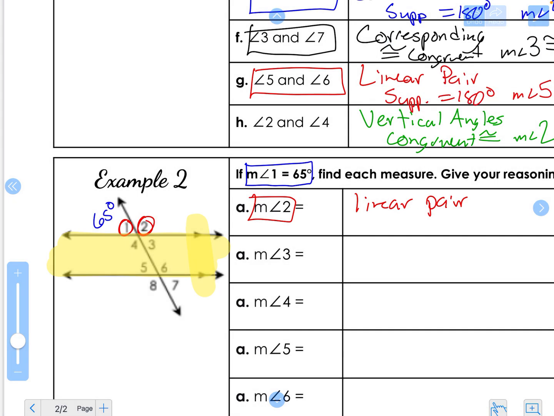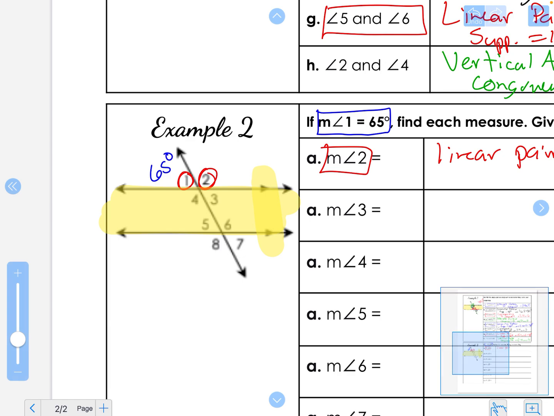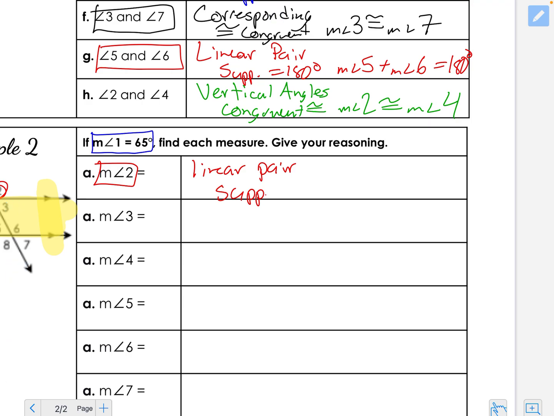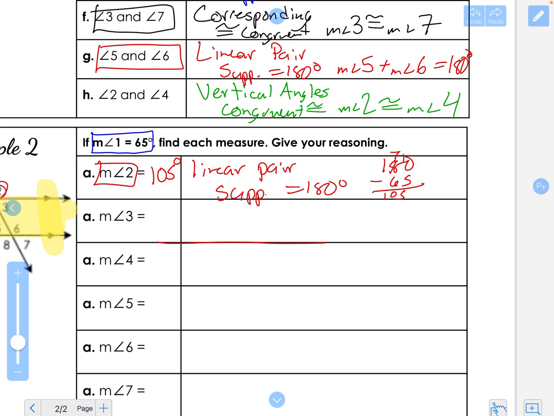And I know that if they are a linear pair, they add up to 180. That means they're supplementary. So if I go 180 minus 65, I get 105. So the measure of angle 2 is going to be 105 degrees.